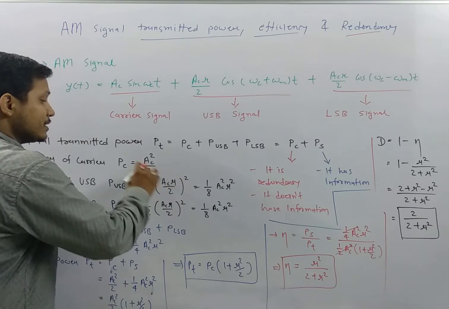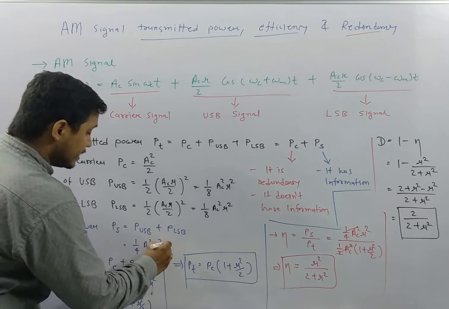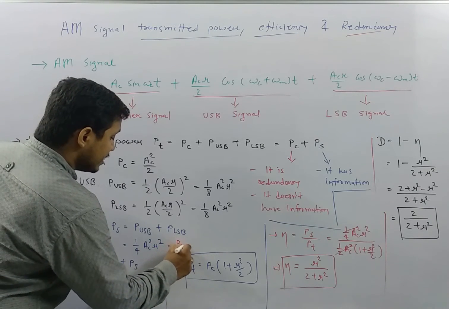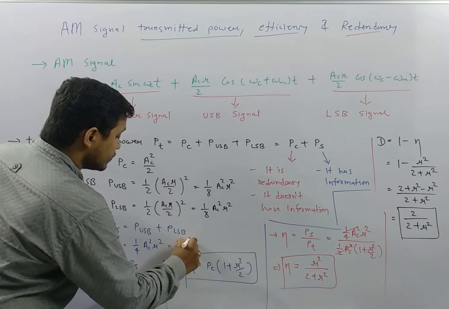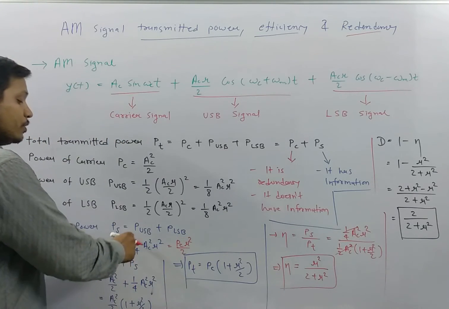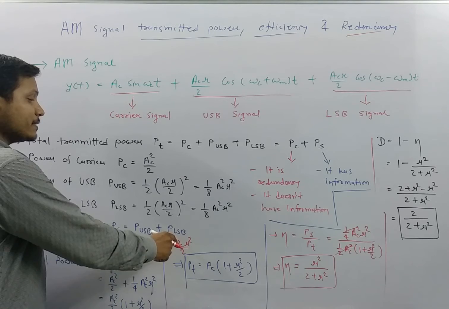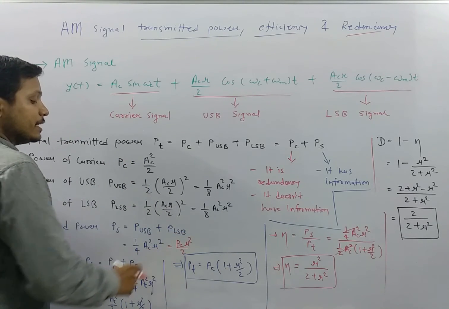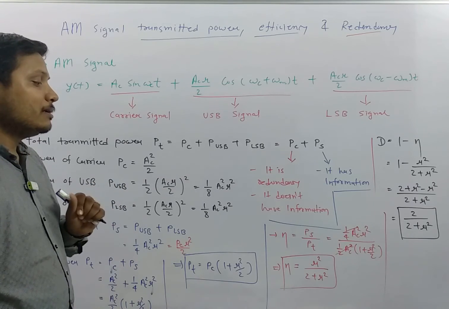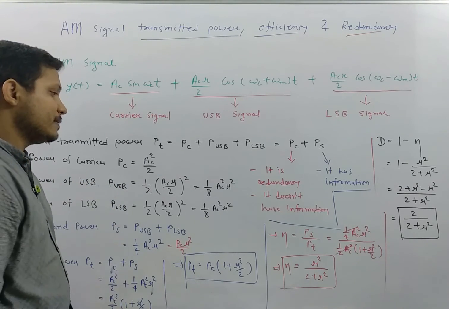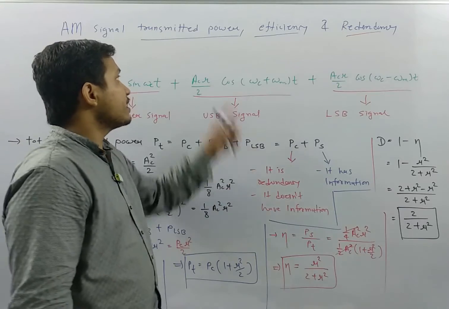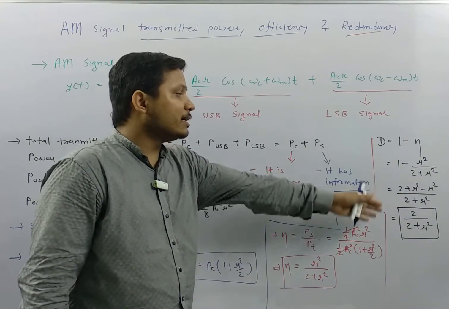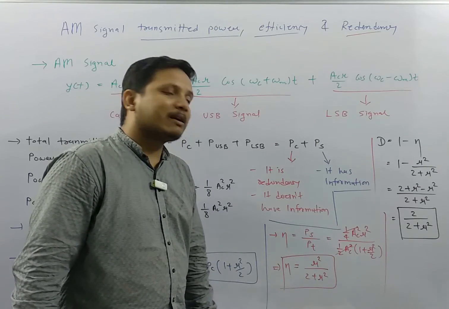If you place AC square by 2 as PC, then you will find this will be PC into mu square by 2. The reason is AC square by 2 is carrier power. So sideband power is PC into mu square by 2. That is even the basic equation that one can say. And efficiency of AM signal is mu square by 2 plus mu square, and the redundancy in AM signal is 2 divided by 2 plus mu square.